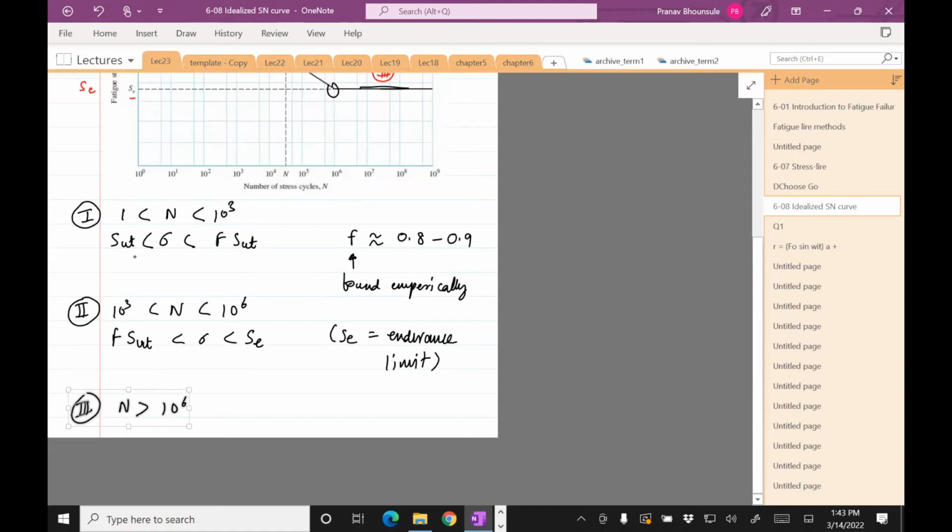This is commonly known as the infinite life region. This is a finite life region, in the low cycle fatigue region.